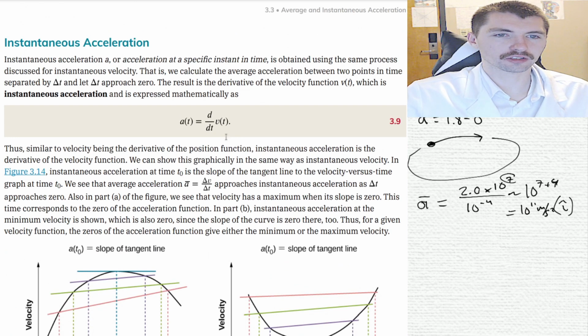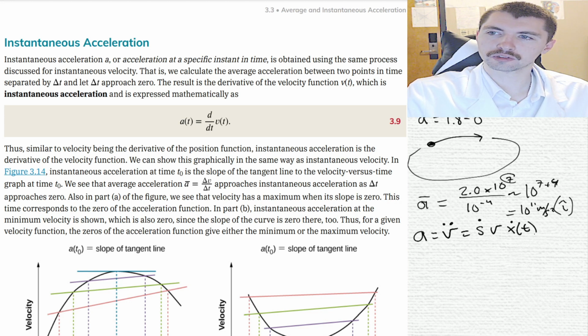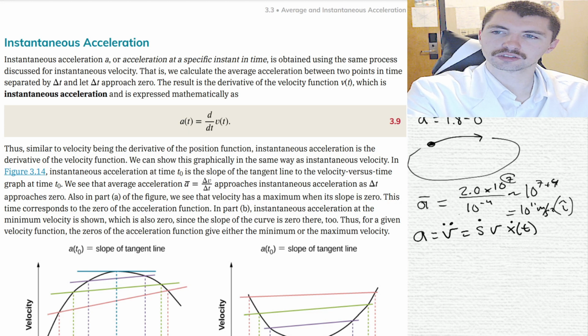So instantaneous acceleration is the second derivative of the position function, which equals the first derivative of the velocity. Or you can call that x(t), whatever.